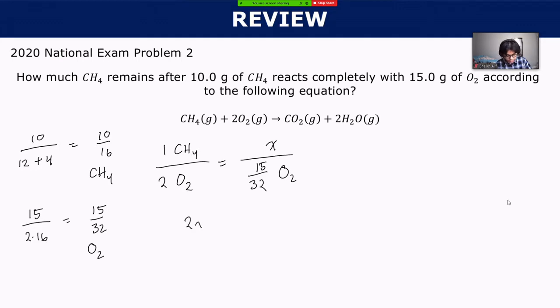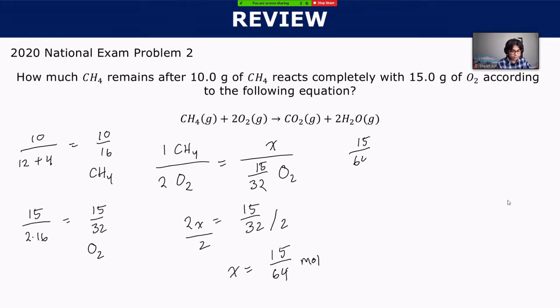So 2x equals 15 over 32, so x equals 15 over 64 moles. So when you use 15 grams of oxygen, you need 15 over 64 moles of CH4.